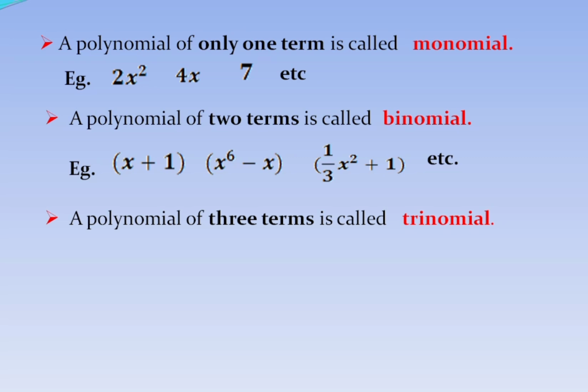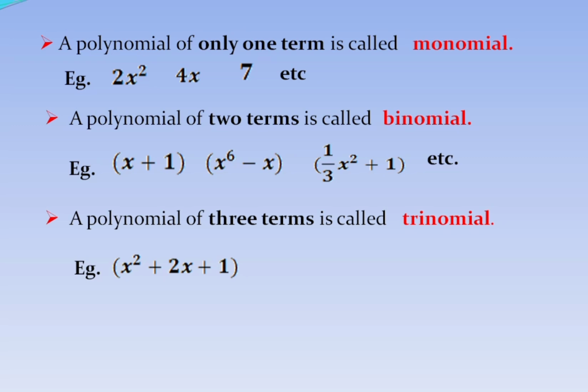So let's look at some examples of a polynomial of 3 terms. You can talk about this where we have x squared plus 2x plus 1. So you see that x squared is 1 term, 2x is another term, and 1 is another term. That makes it 3 terms, and that is what we call a trinomial. Okay, great.